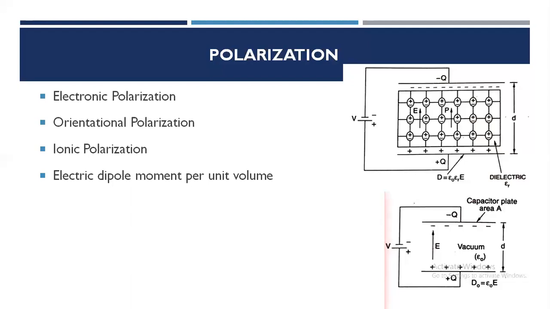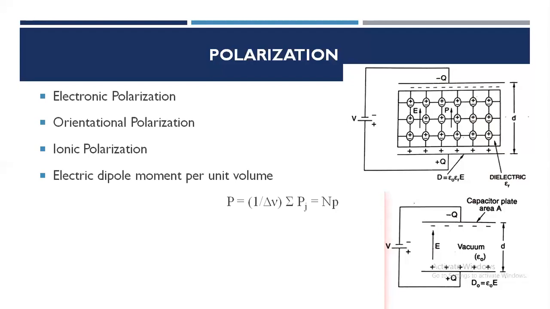Thus, if capital N denotes the number of molecules per unit volume of a material, then there are N into delta V molecules in a volume delta V, and the polarization can be defined as P equals 1 upon delta V, where delta V is the volume, times the summation of p_j, which is equivalent to N into p.